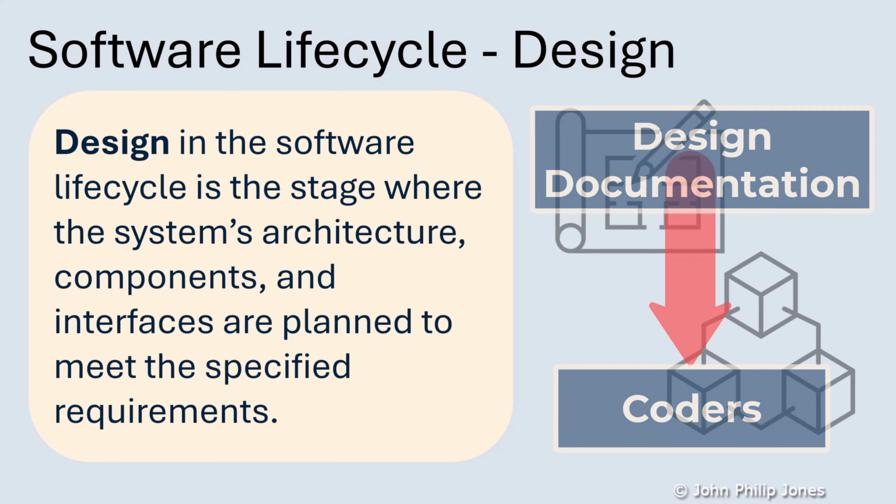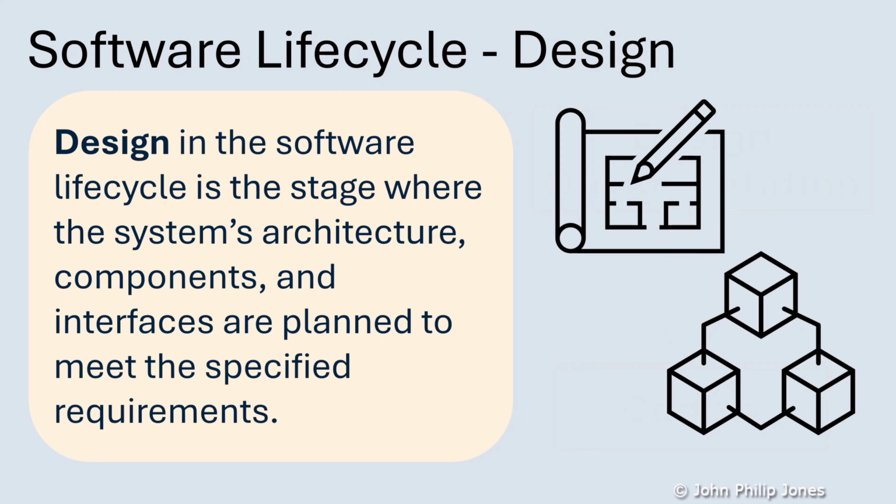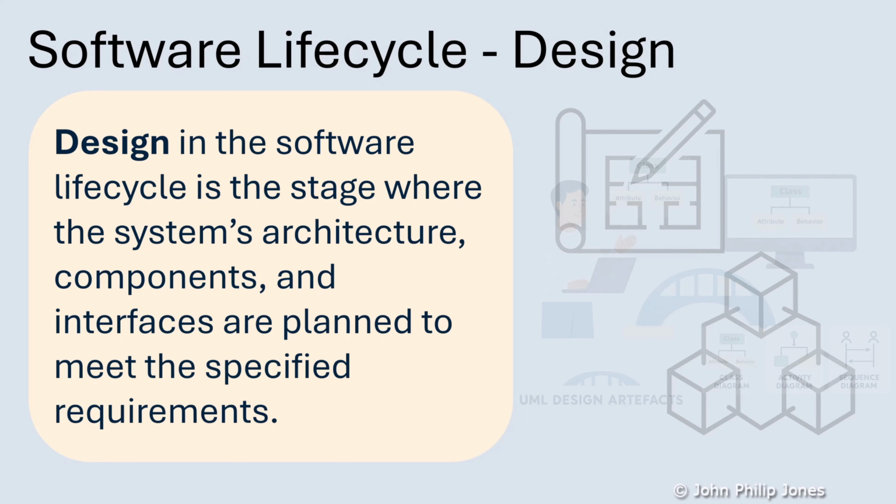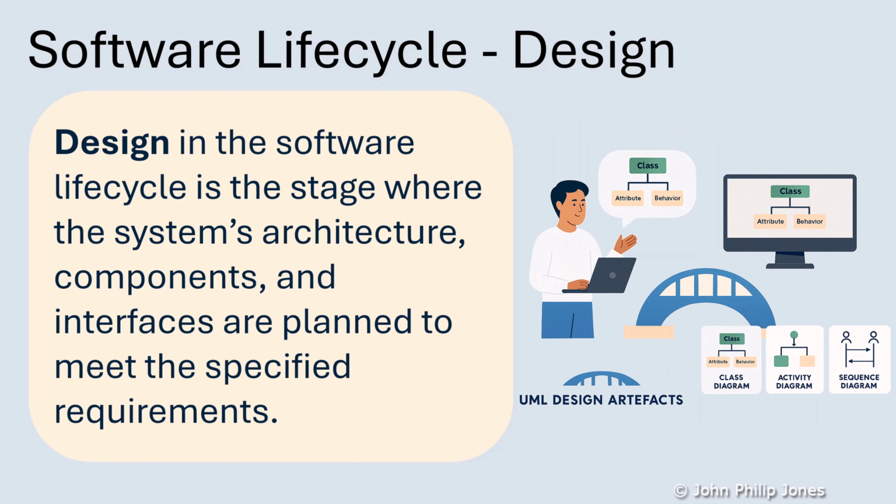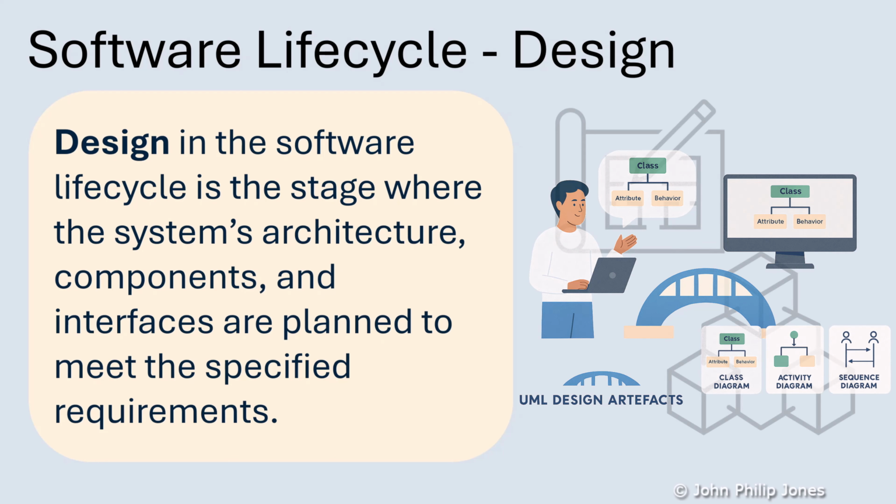What you do here, you look at the overall design and you produce artifacts, and these artifacts help the coders produce the programs that, when tested and integrated into one system, will produce what is required by the stakeholders.